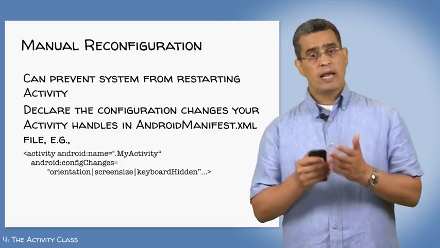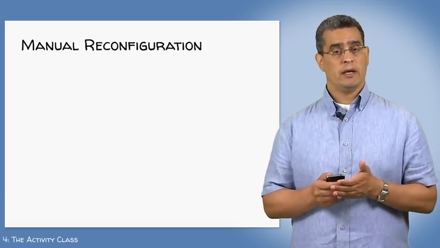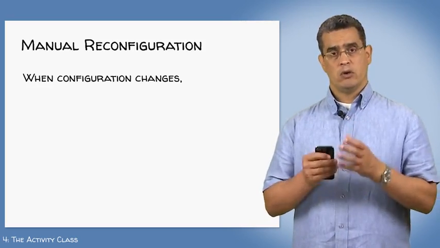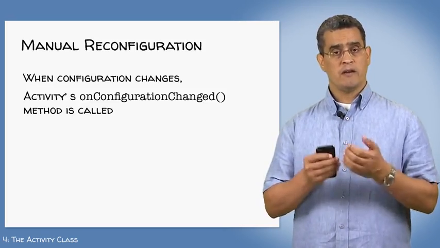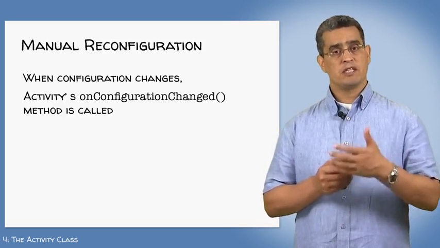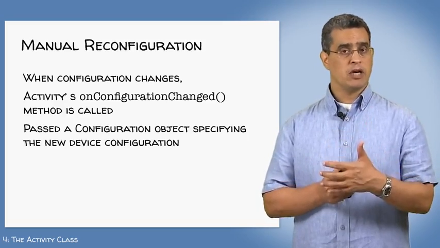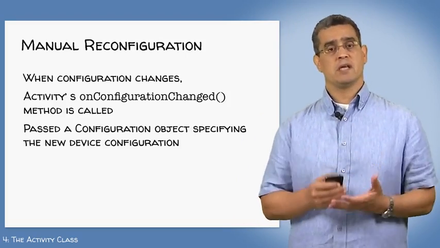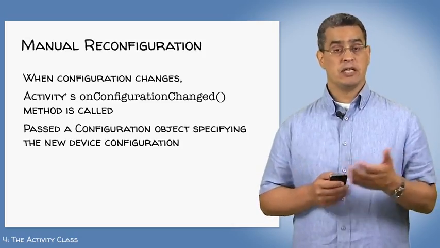So if you do handle some configuration changes manually, then when those configuration changes occur at runtime, your activity will receive a call to onConfigurationChanged. And as a parameter, this method will receive a configuration object which details the new configuration. So your code can then read this object and make whatever changes it needs to.